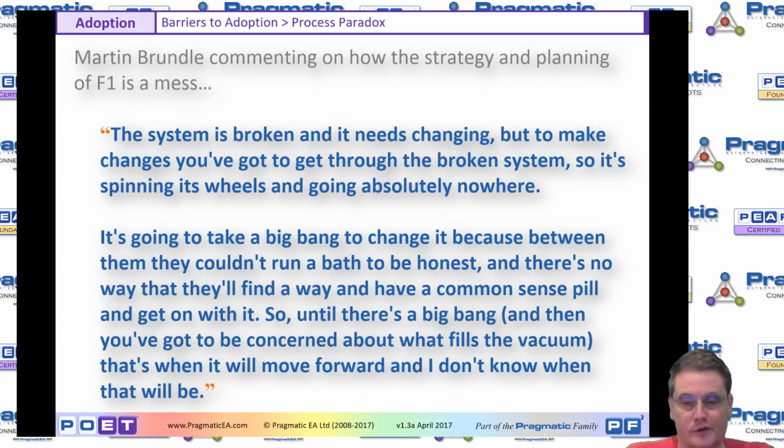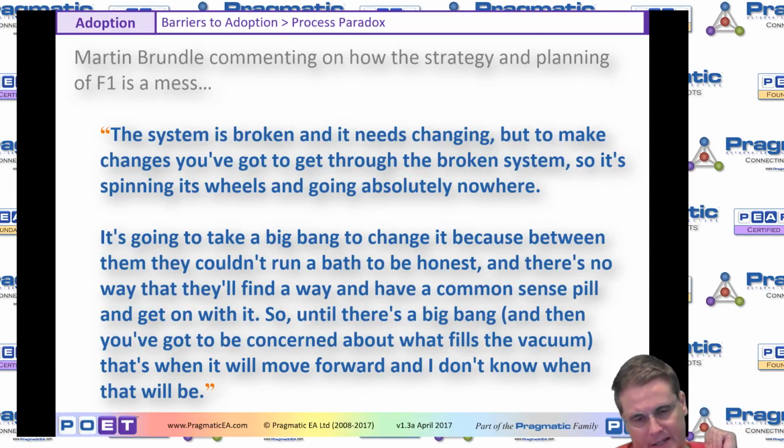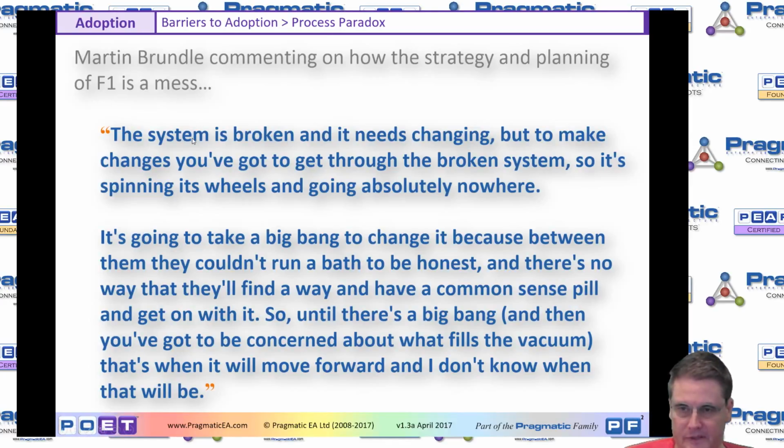But the problem is their processes are broken, and one of the broken things is that maybe the transformation domain is not recognized, or people in the organization don't think enterprise architecture is important. Whatever the reasons, because that system is broken, it's difficult to fix the system, because the broken system is not allowing us to fix the broken system. I hope I've explained that. It can be a bit difficult to explain, but in the study guide the words will explain it much more clearly.